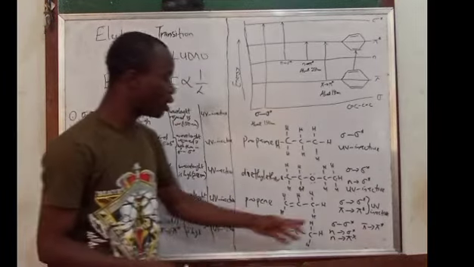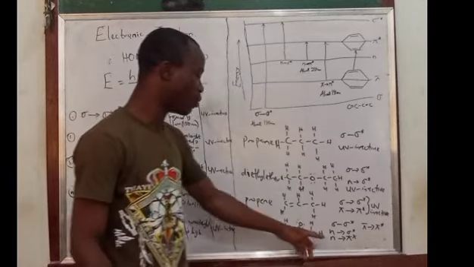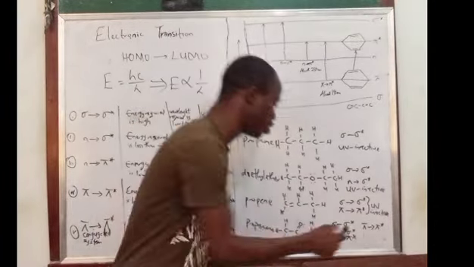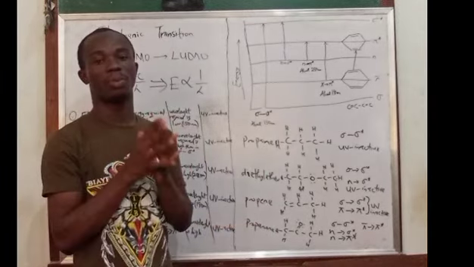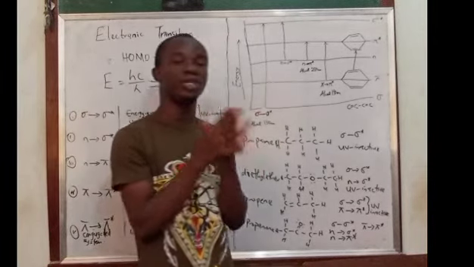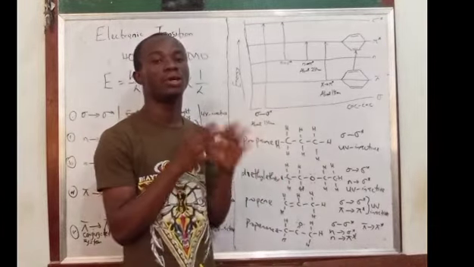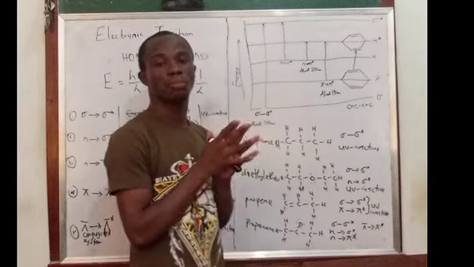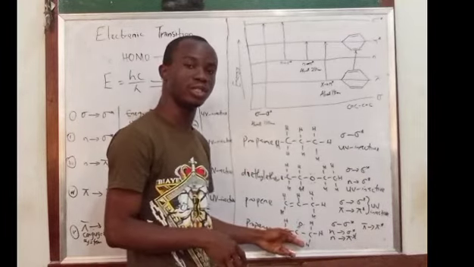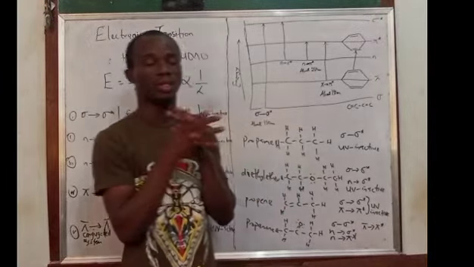But out of all of them, only one transition is UV active, which is the n to pi antibonding. So this molecule will be partially UV active, but the intensity of the absorption might be very low. Because of this n to pi antibonding transition, the molecule is able to absorb light in the UV region.